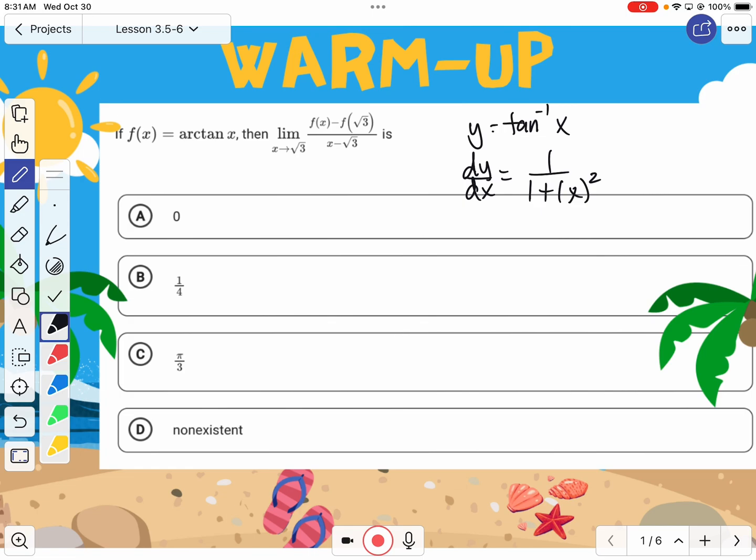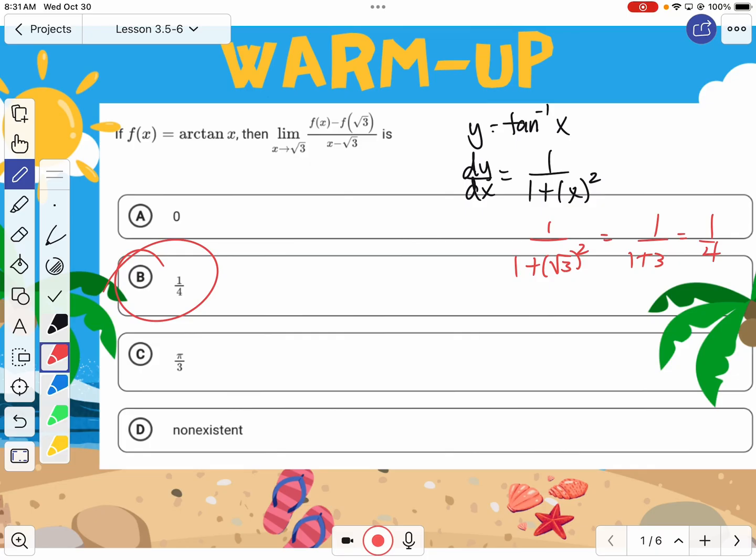And what's the x value we want to put in there? Square root of 3. So 1 over 1 plus the square root of 3 squared will give me 1 over 1 plus 3, or 1/4. Okay, that's where we should land.